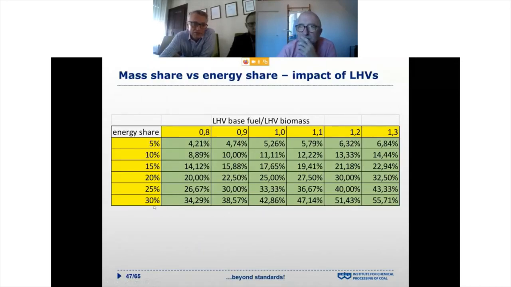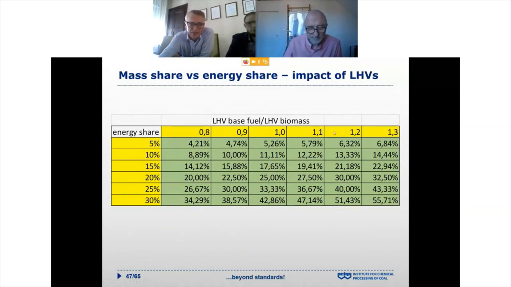Here you have the energy share, and here you have the mass share. So if you want to recalculate from the energy share of the given value for such a coefficient of coal LHV to biomass LHV, you can find the number here.